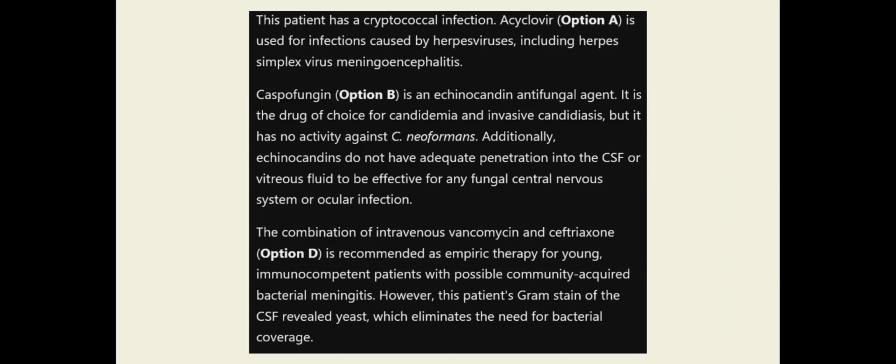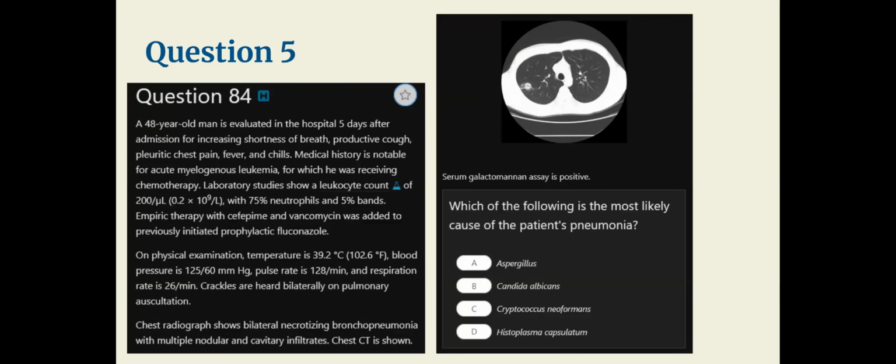Okay. Next question is a 48-year-old man evaluated in the hospital 5 days after admission for increasing shortness of breath, productive cough, pleuritic chest pain, fever, and chills. Medical history is notable for acute myelogenous leukemia, for which he was receiving chemotherapy. Laboratory studies show a leukocyte count of 200 with 75% neutrophils and 5% bands.